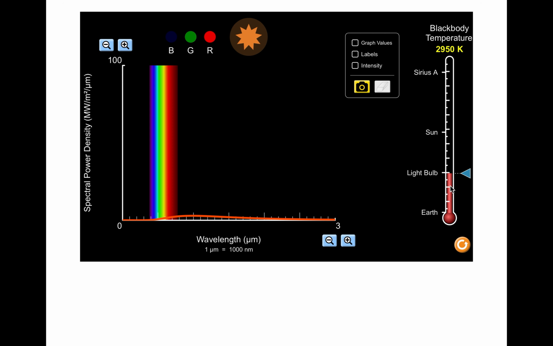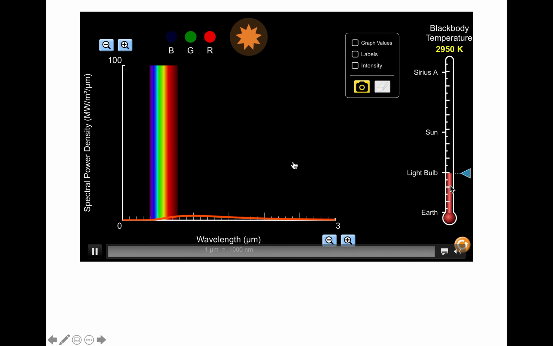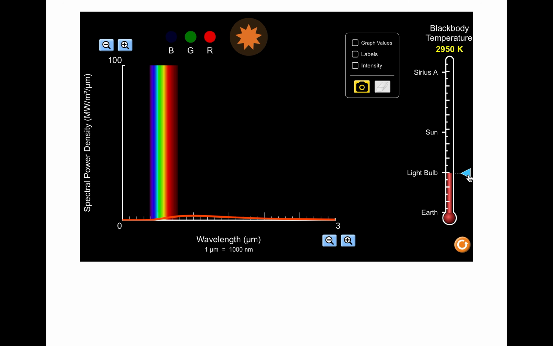Let's see what happens if we change the temperature of the object. By changing the temperature, we're going to change that profile a little bit. If we start taking it upwards towards the sun, notice that it starts building on the left-hand side.